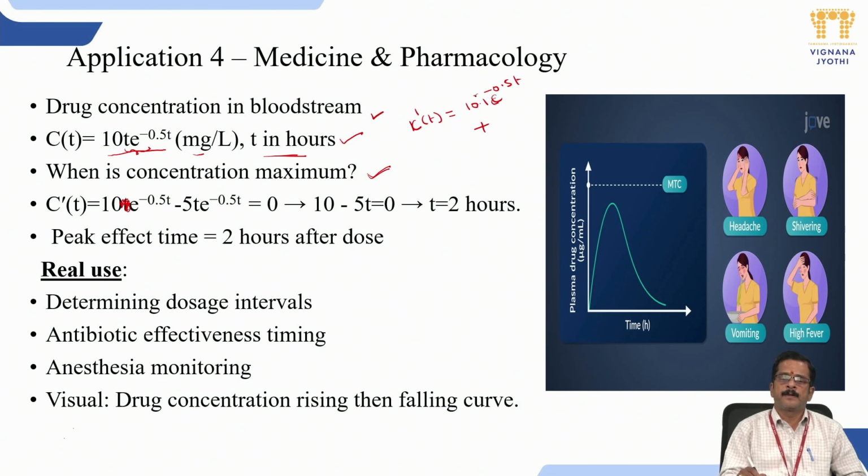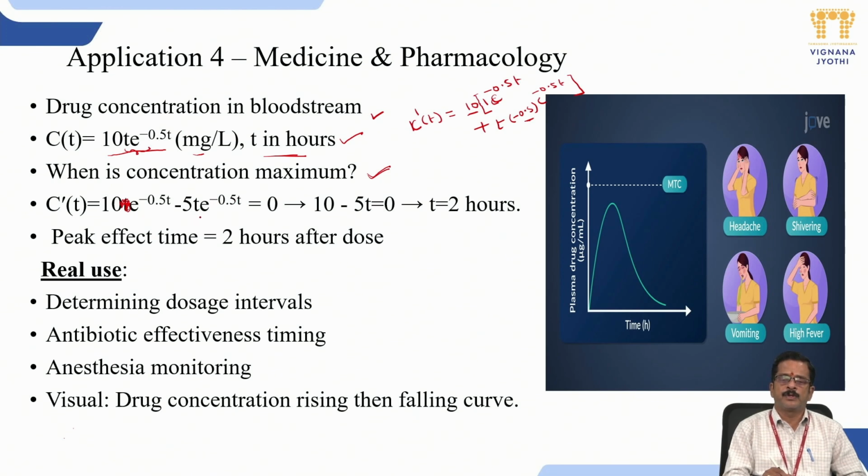Next, you write t as it is, and e power minus 0.5t differentiation is going to be minus 0.5 into e power minus 0.5t. So when you multiply by 10, this gives us 10 into e power minus 0.5t minus, 10 into minus 0.5 is going to be minus 5 into t into e power minus 0.5t.